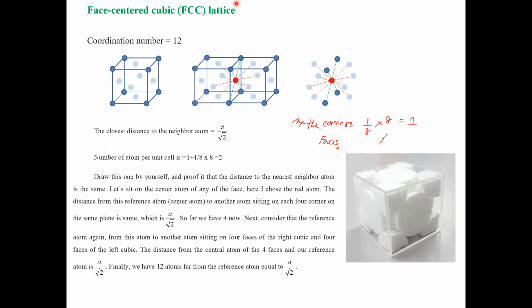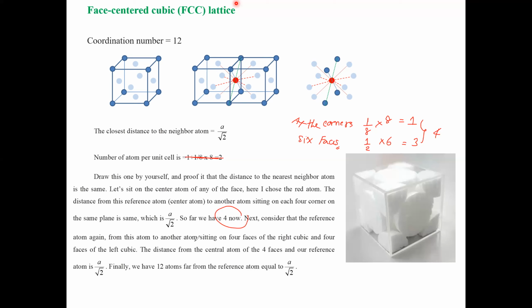We have 6 faces, right? And each face in the cube contains 1/2. So this is number 3. So this one, 6 faces. So total will be 4. So this is wrong, okay? Sorry about that.